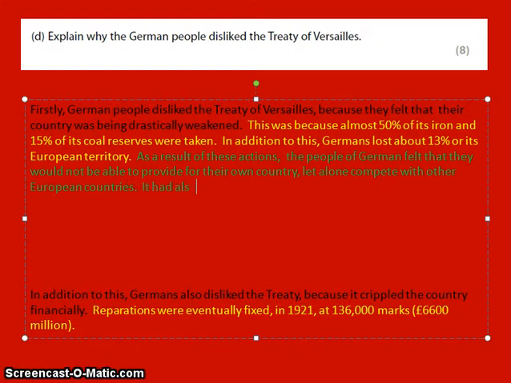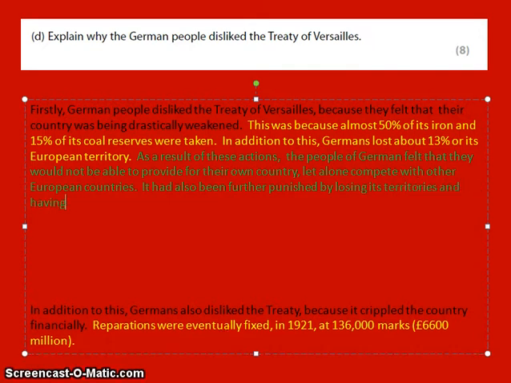It had also been further punished by losing its territories and having to give them to other European countries.